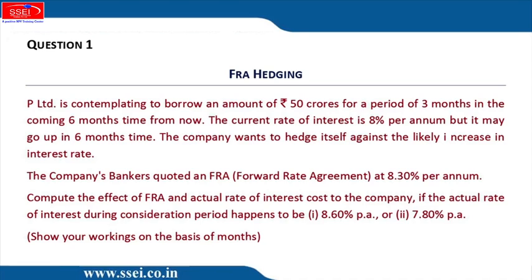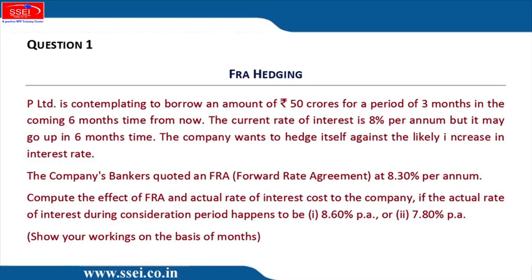That is the amount we gain. However, they calculate the present value. So 0.3% of 50 crores into 3 by 12 divided by 1 plus the market rate, 0.086 by 4. So this is the profit on FRA that the bank will give us.